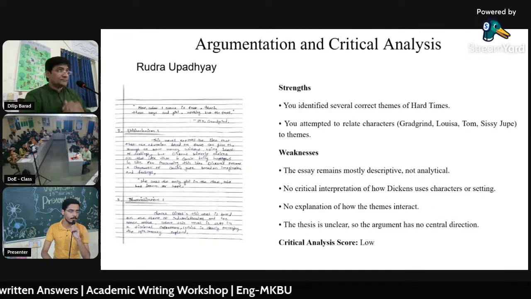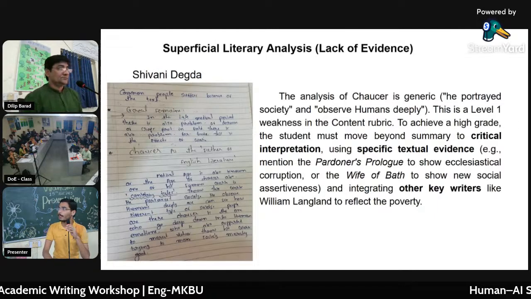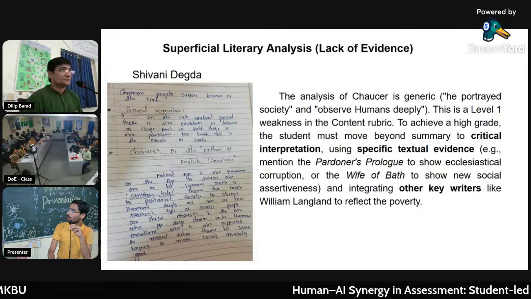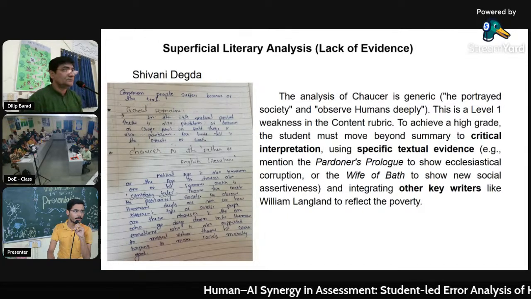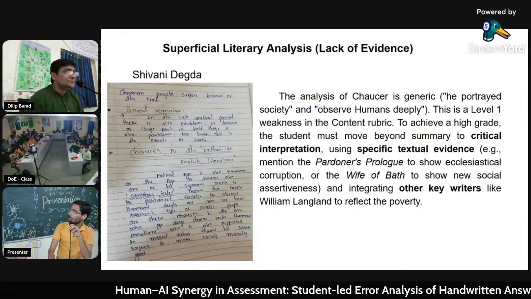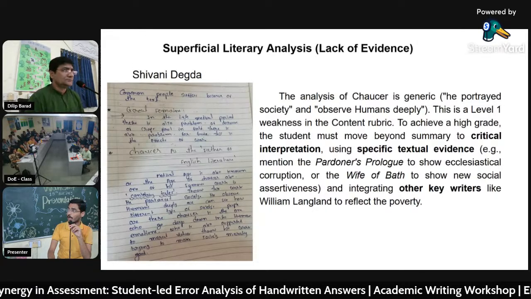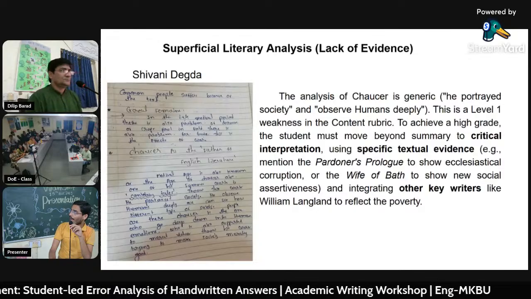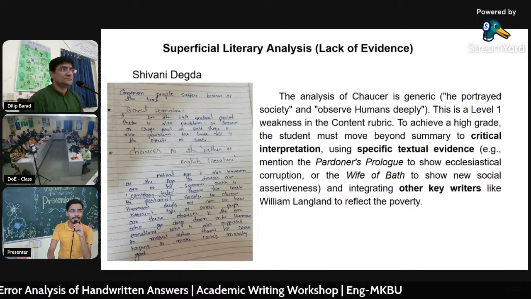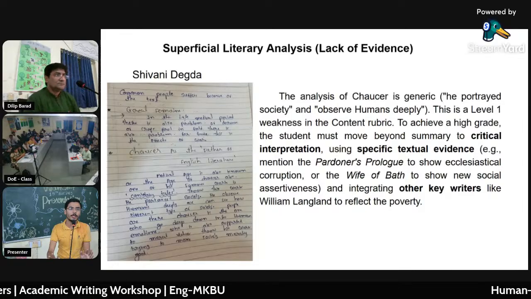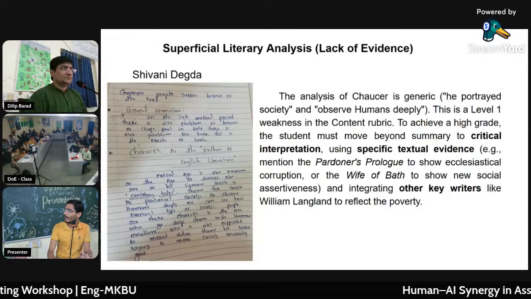As well as that, my group mate Shivani Degda also made some mistakes in her answer. She wrote about the Age of Chaucer, particularly Geoffrey Chaucer, but she had not highlighted the points of critical interpretation of Chaucer, his work, and the socio-political background of that era.